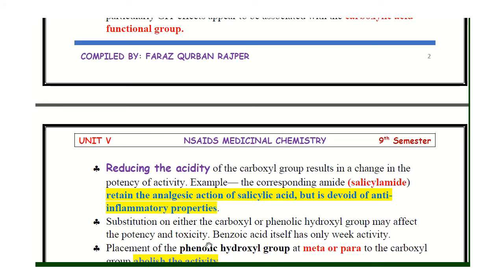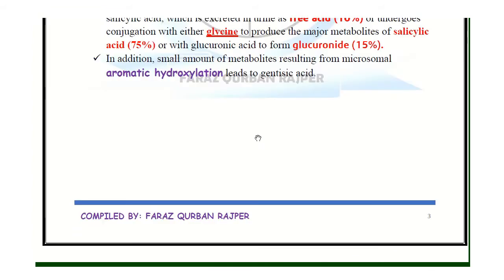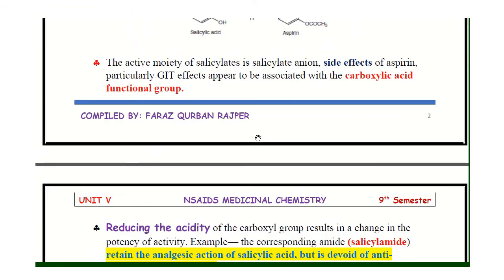Next, we can also substitute the carboxylic or phenolic hydroxyl functional group, but this will again ultimately affect the potency.